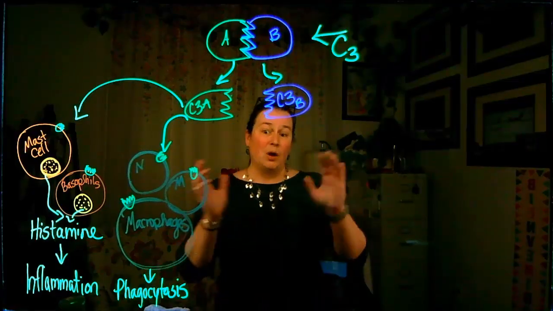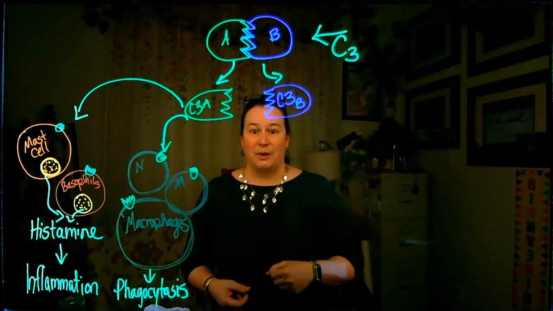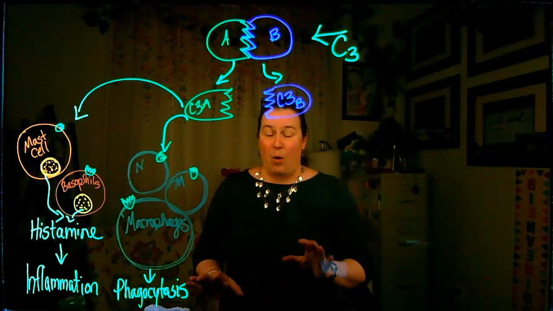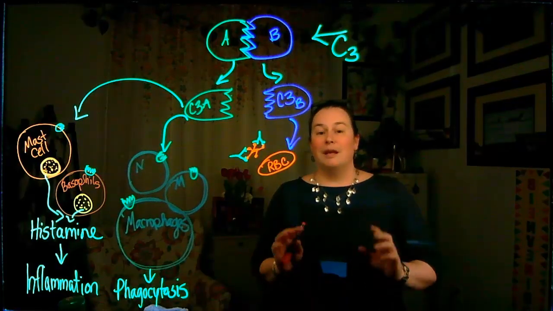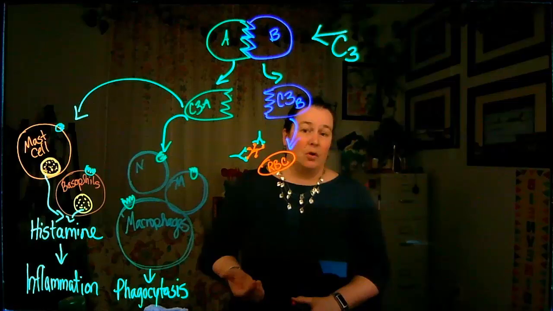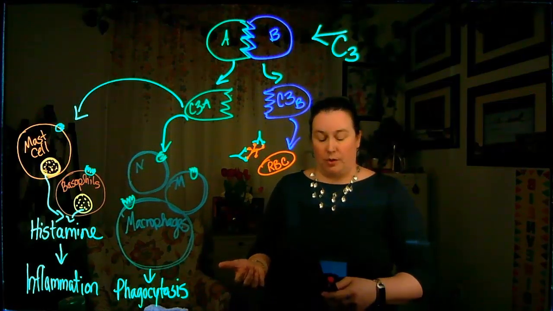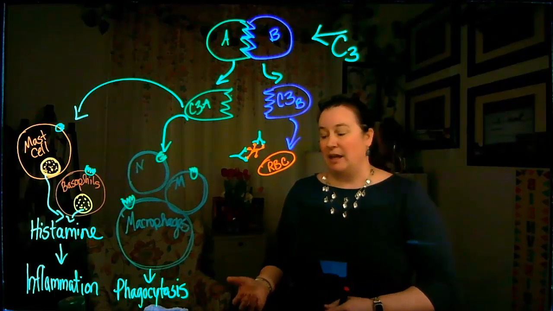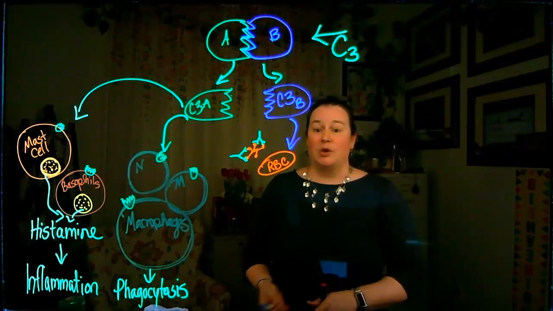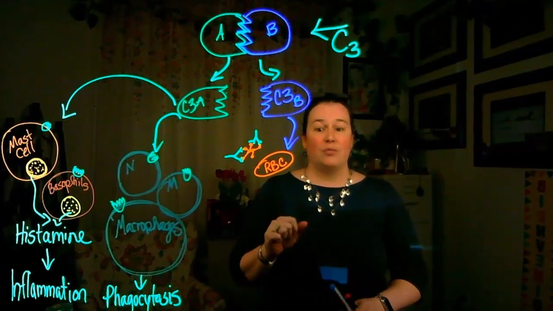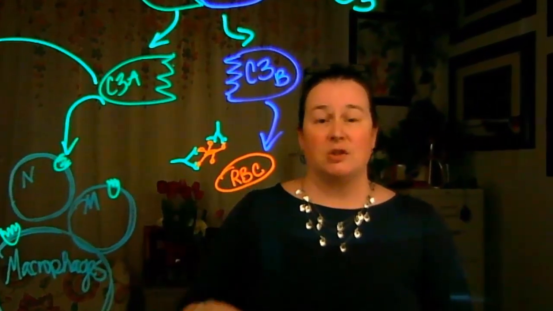Now, we also have this other signaling molecule that was produced, known as complement C3b. So now it's time to start looking at what complement C3b has the ability to do. In one example, complement C3b is going to act as a signaling molecule, and it's going to help facilitate red blood cells picking up antibody-antigen complexes. What you'll notice is a little red spidery-shaped cell here with some antibodies attached to it.